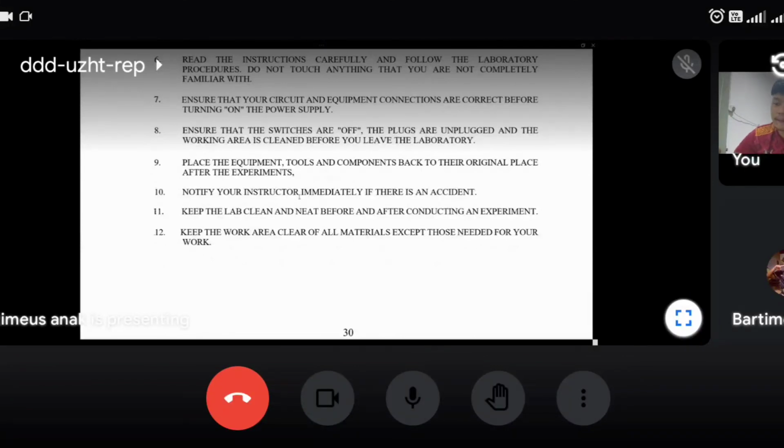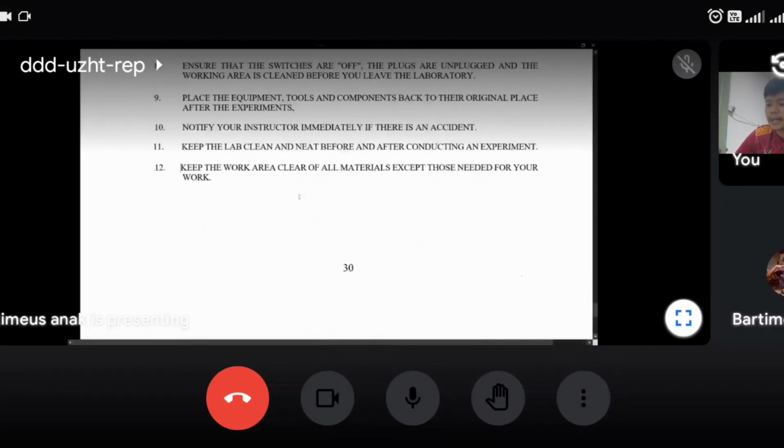Number 10, notify your instructor immediately if there is an accident. Number 11, keep the lab clean and neat before and after conducting an experiment. And the last one, keep the work area clear of all material except those needed for your work.